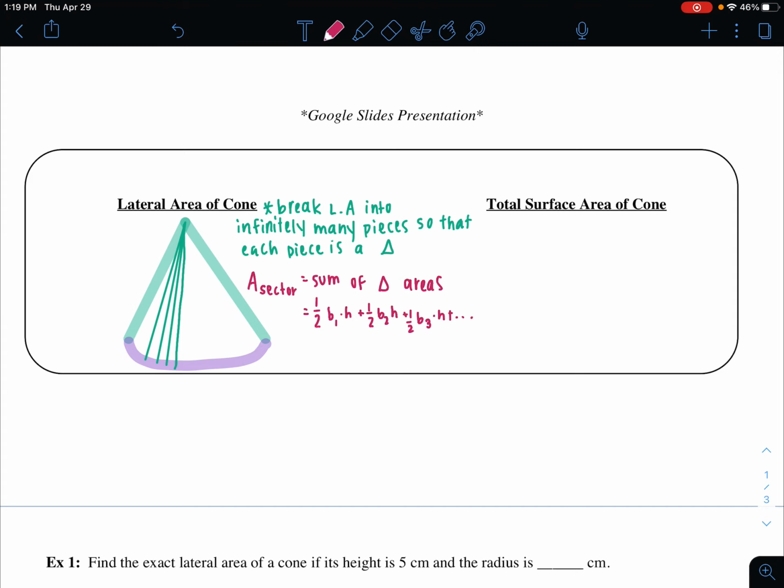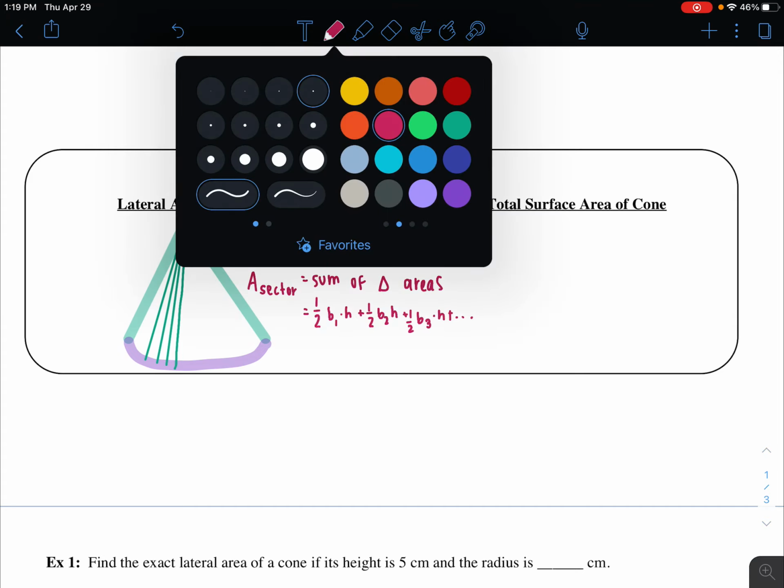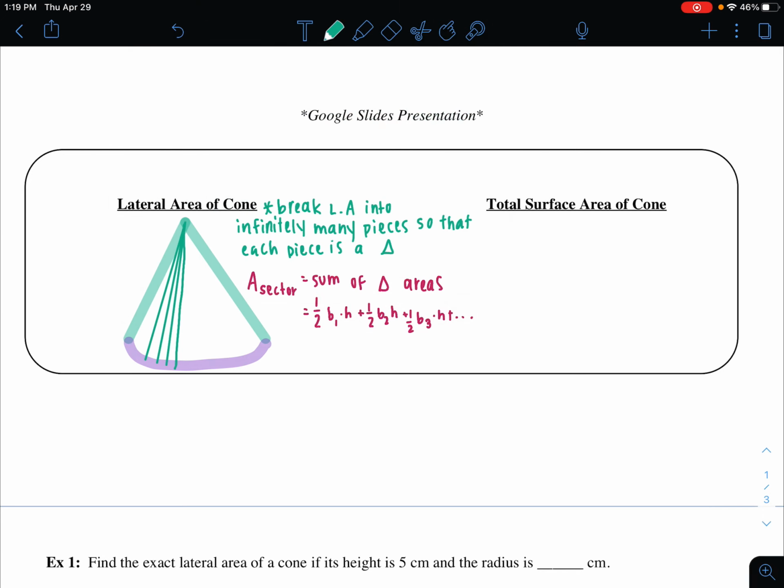We have infinitely many triangles. But the height of these triangles is the same thing as our slant height of the cone. So in all of these, I can say that my height is the slant height.